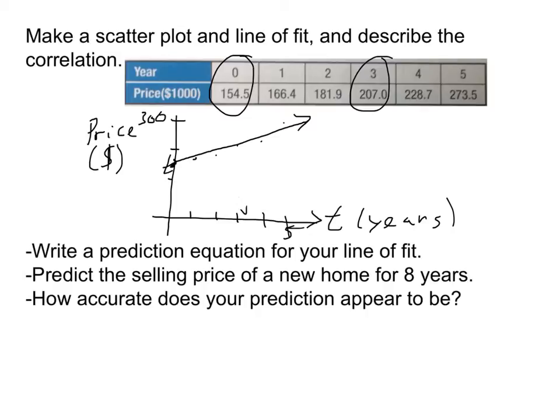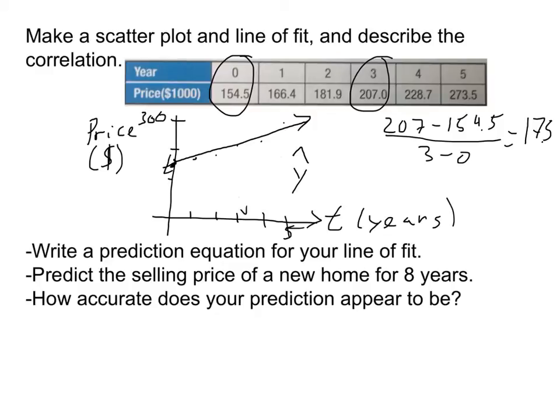So I know it's y2, 207, minus y1, 154.5, over 3 minus 0, which is equal to 17.5. So that's my slope. Now, when you're talking about a prediction line, you want to put this little hat above your y.